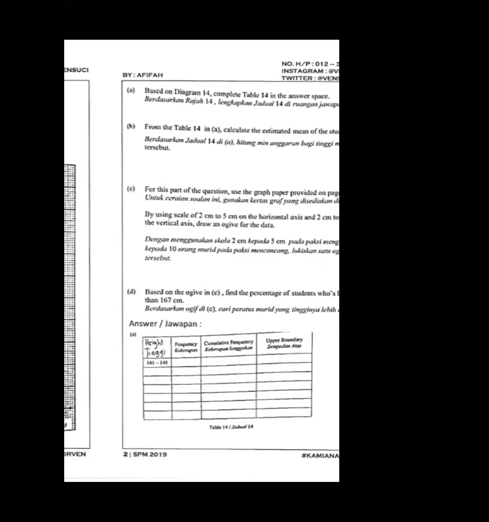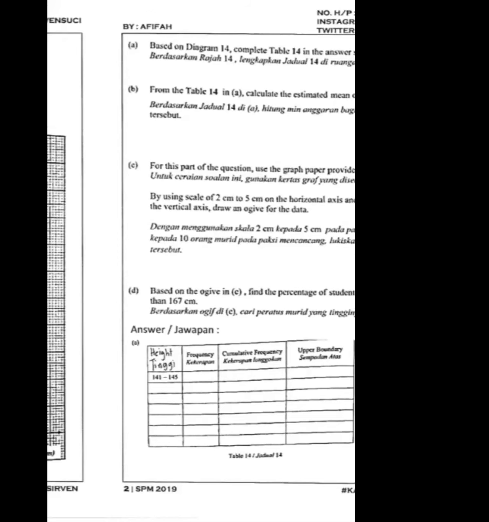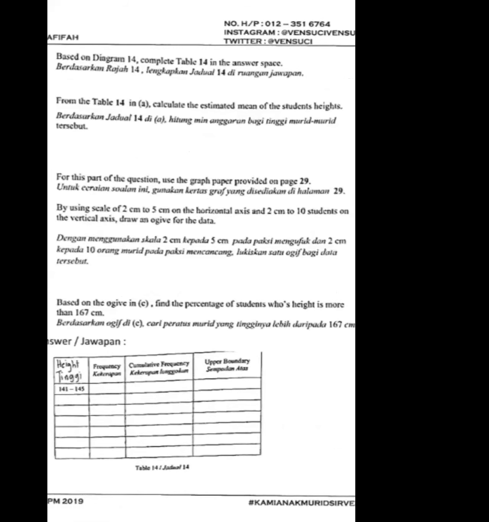Just like that, you can find the estimated mean. So you need to find your frequency and midpoint as well. Just now, I already taught you how to find the midpoint and the frequency.